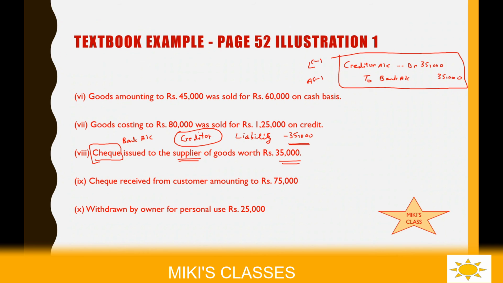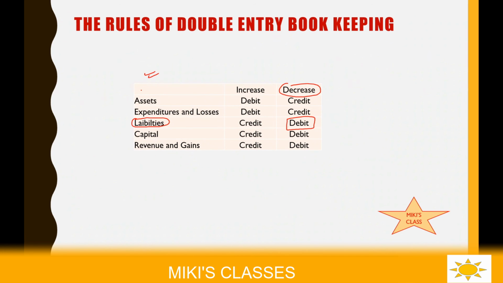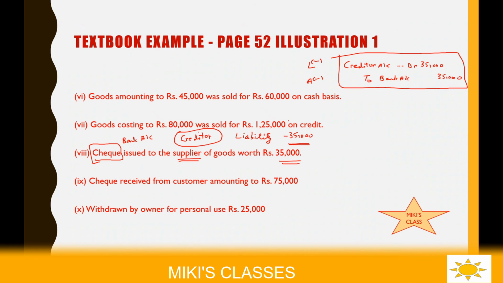So an asset, when it decreases, has to be credited. Correct? Okay. Fine. Now let's check the accounting equation, which is asset is equal to liability plus capital. Now on the asset side, what has happened? This bank balance has gone down by 35,000, right?